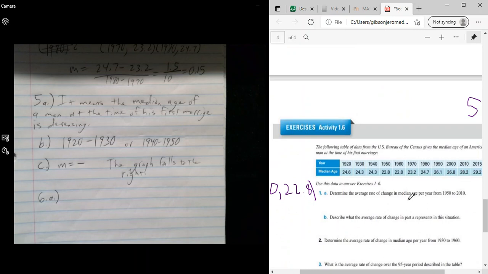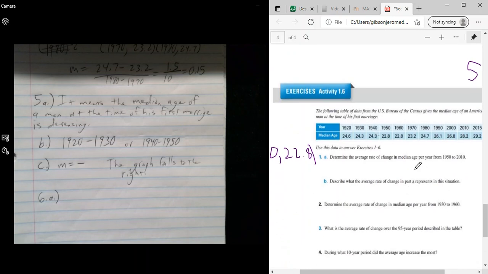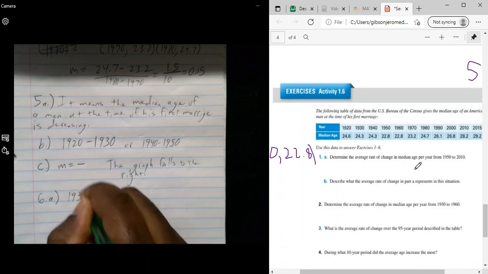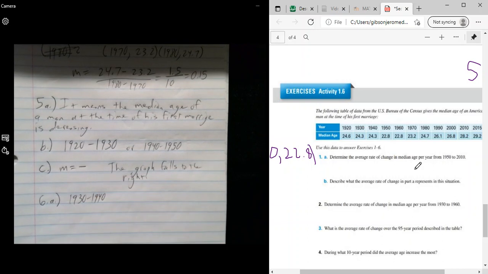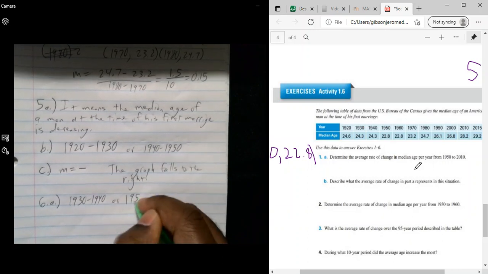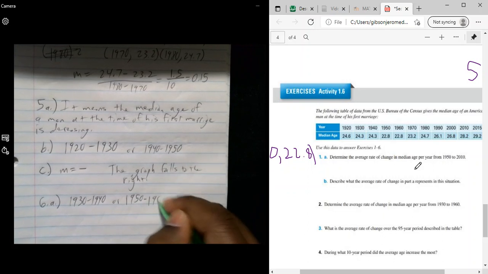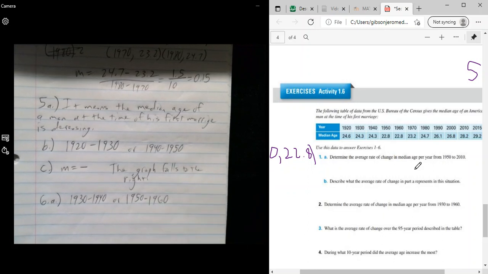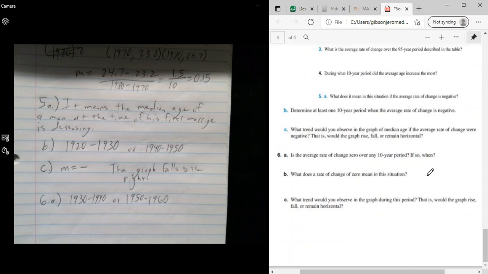So basically that's when it stayed the same. It'll be 1930 to 1940, and then 1950 to 1960. Yep, those are the two periods that you could choose from.